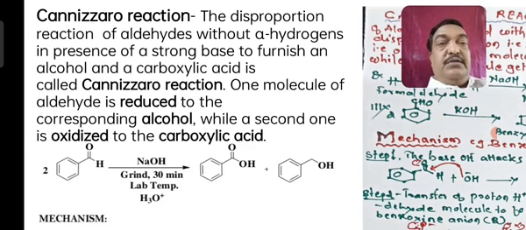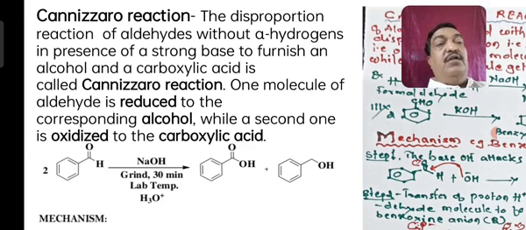So let me say the same definition in a different manner. If two molecules of aldehyde, particularly benzaldehyde, containing no alpha hydrogen, are treated with NaOH at about 30 degrees centigrade for 30 minutes in the laboratory in presence of water, then out of the two molecules, one will be converted into benzoic acid and another into benzyl alcohol, that is C6H5CHO gives C6H5COOH and C6H5CH2OH.